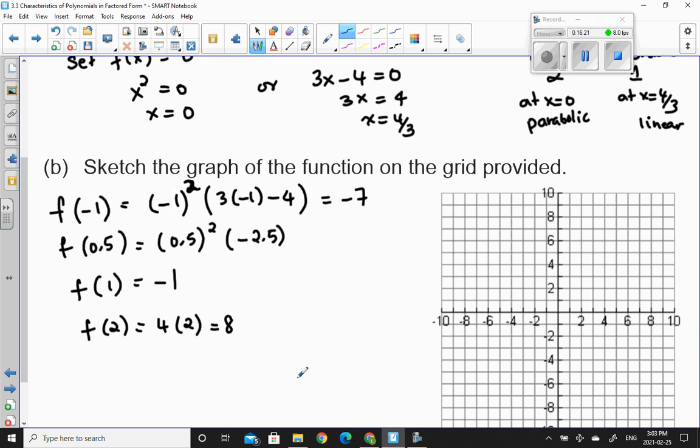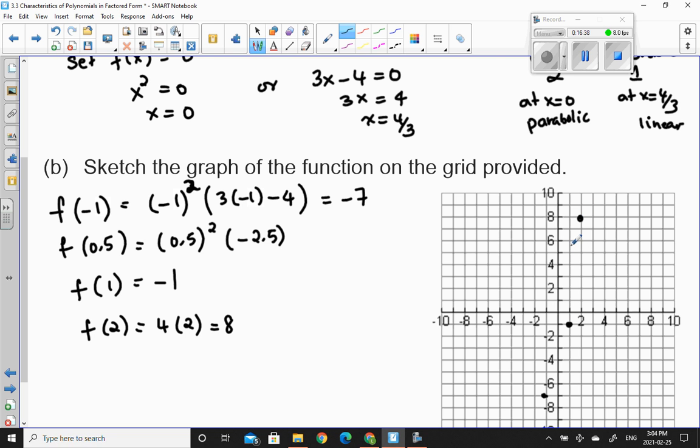So we got some points for x and y. We just plot those points: -1 and -7, 1 and -1, 2 and 8.